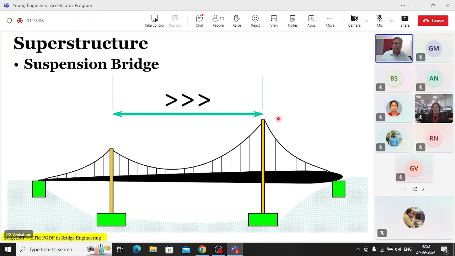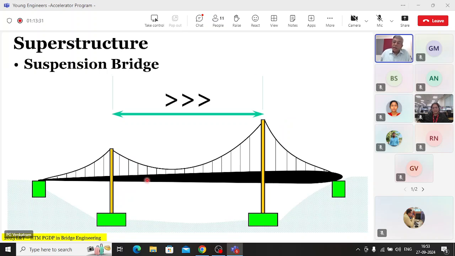But for your information, I've been hearing about that bridge from the 1990s onwards. We are now almost 30 years on. The bridge hasn't seen the light of day. The reason being that when you have such a large span, you have a lot of engineering problems to solve before you're confident that you can start the construction and finish it and not leave it halfway through.